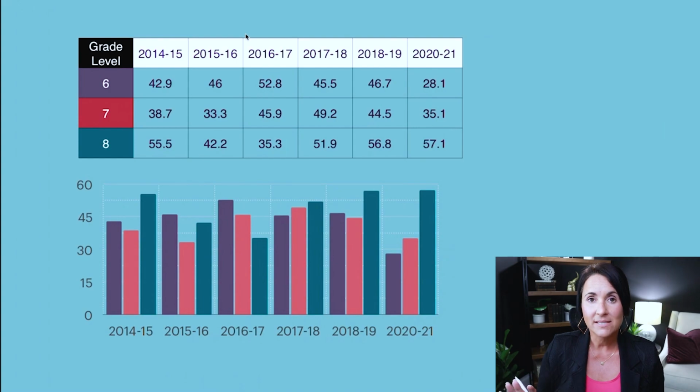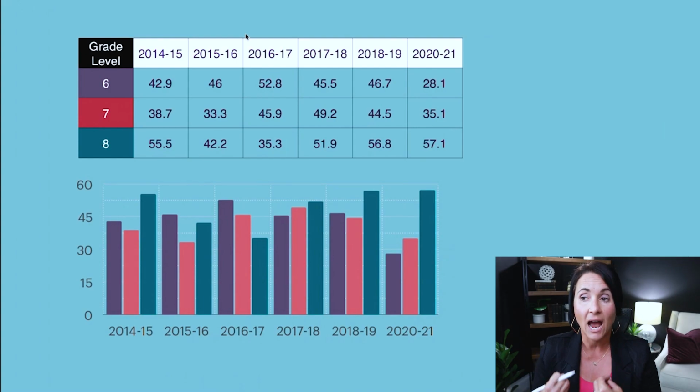Okay? All right, so let's take a look at the data. Now, this is data that I pulled off of our State Department website. And at the end of this video, I'm going to show you how to do that so you can practice with all kinds of different data sets. All I did was go into the Education Department website, find some data, and summarize it and put it on this slide.